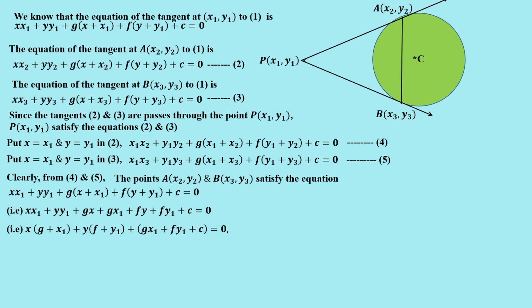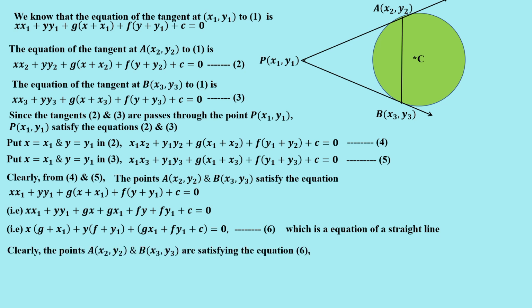So grouping x term, y term and constant term: x into (g plus x1) plus y into (f plus y1) plus gx1 plus fy1 plus c equal to 0. That is equation number 6, which is the equation of a straight line because it is linear in x and y, right? In the x term and y term the power is 1 only, that is why linear. Then the remaining are all real numbers, constants, right?